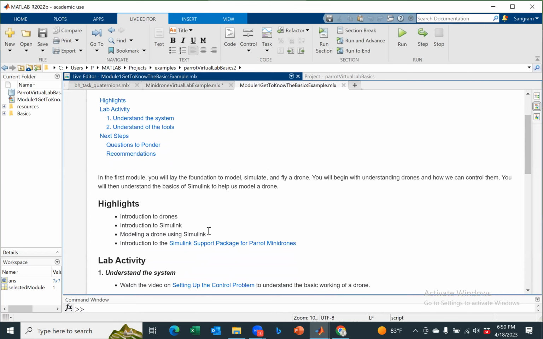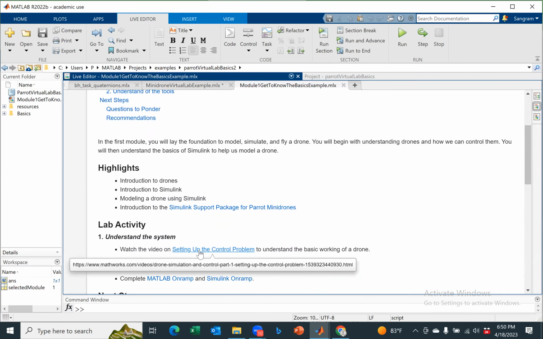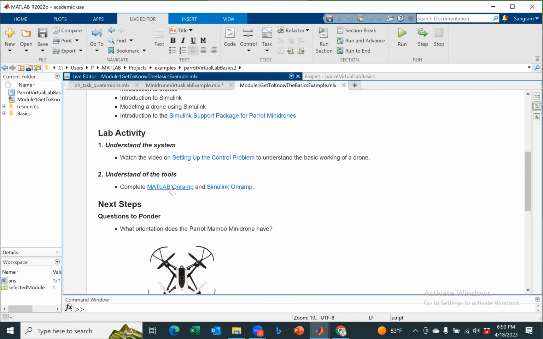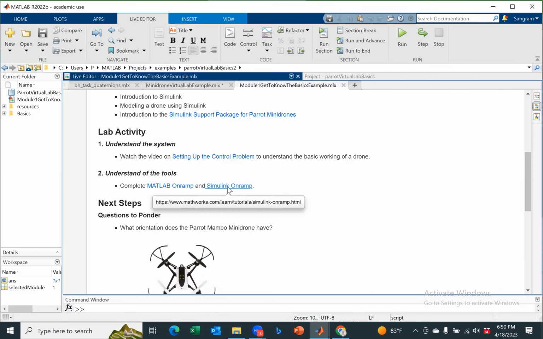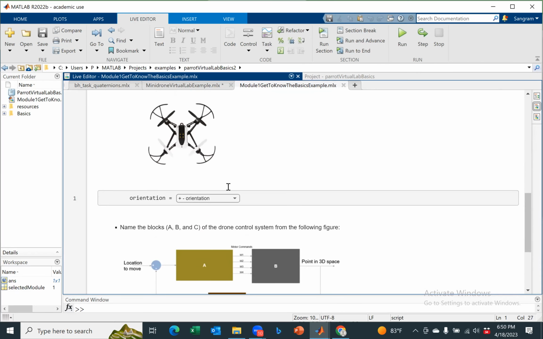What is the lab activity? Watch the video, setting up the control problem. At this point, you should have done the onramp and Simulink. Then, you don't have to turn it in, but you can actually send the orientation.